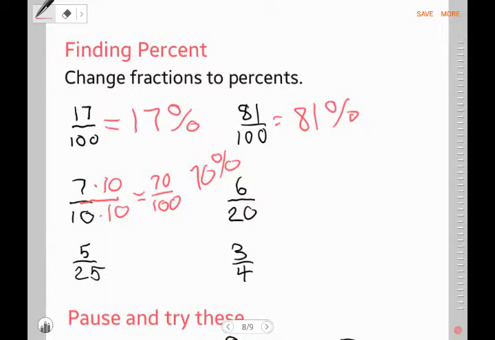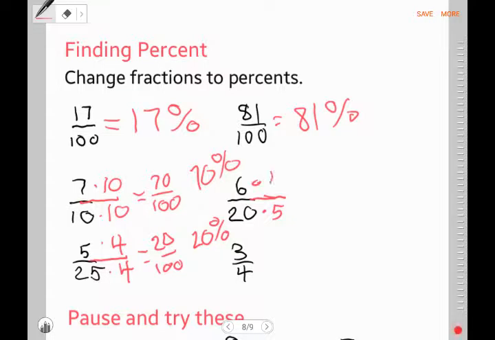How about this one? 5/25. Well, again, 25 is a factor of 100, so let's times this one top and bottom by, you guessed it, 4. And we get 20 hundredths or 20%. How about 6/20? 20 is a factor of 100. 20 times 5, right?